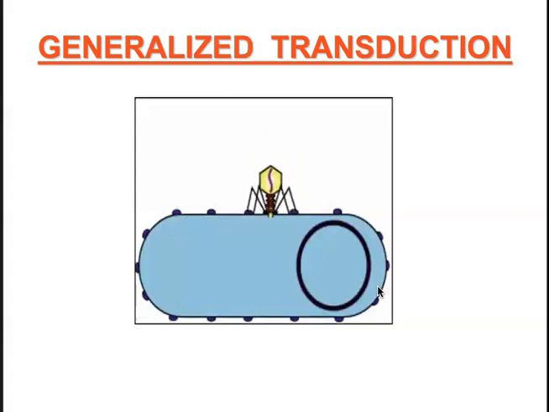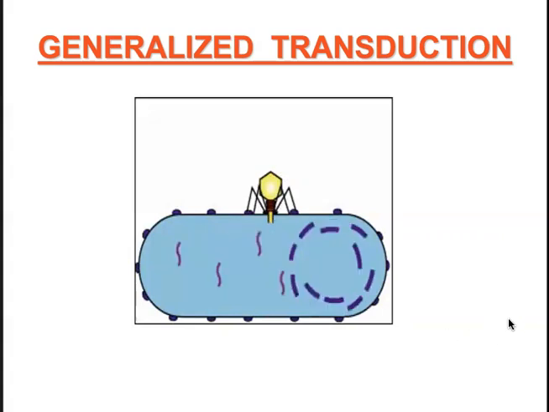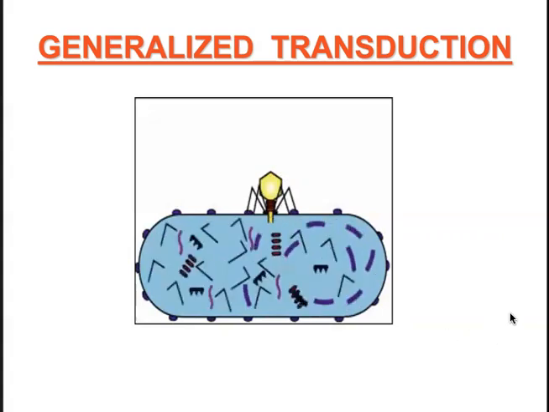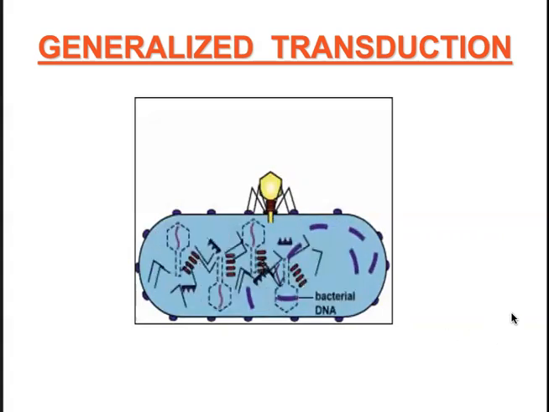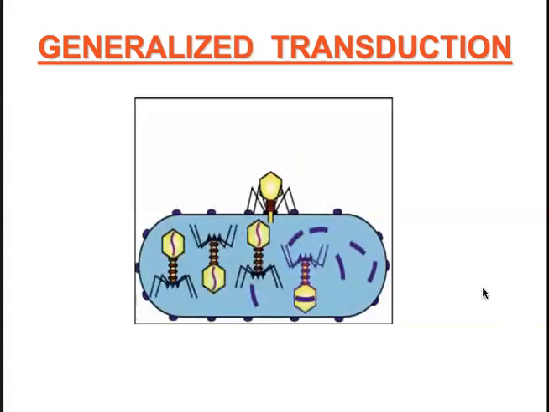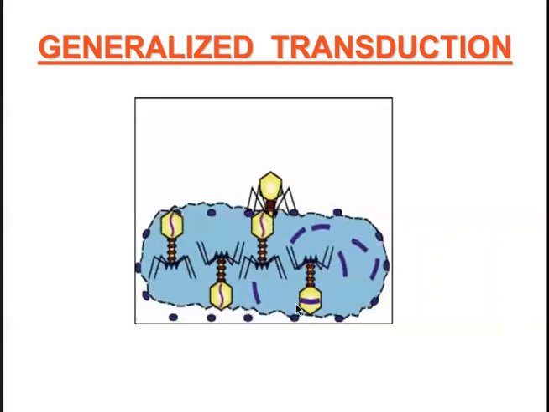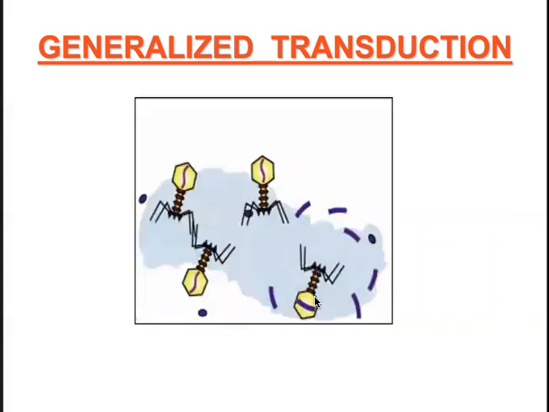Let's watch again. That's the viral genome, and they undergo replication and maturation of the proteins, and then assembly. During the assembly, a genetic material is encased in a capsid.